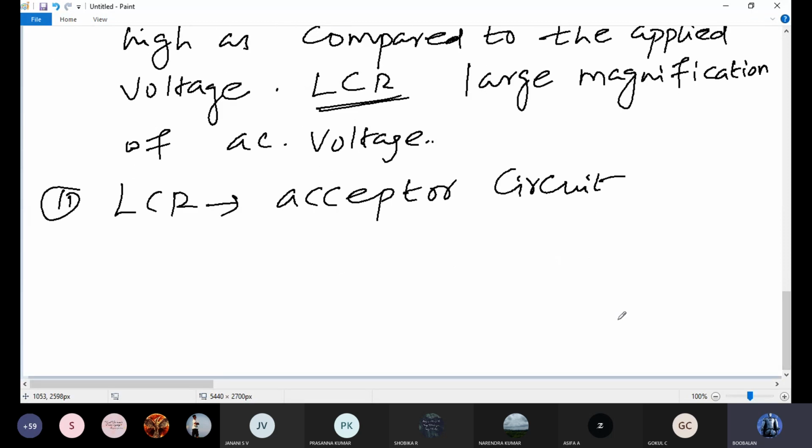Next, one more point. For example, I am feeding a number of frequencies, but it will accept only that particular resonance frequency. The others it will omit.